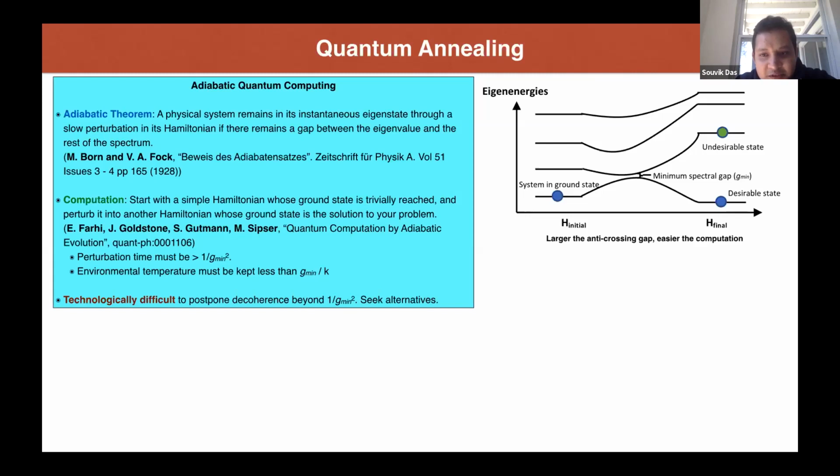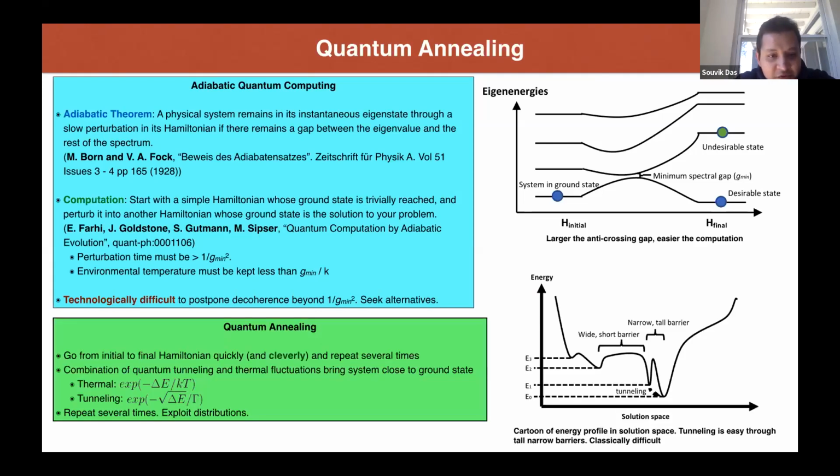Also, experimental temperatures have to be kept less than G-min divided by the Boltzmann constant. This turns out to be technologically difficult, since the system has to remain quantum. You have to postpone decoherence beyond 1 over G-min squared. This is not something you can still achieve in the lab.